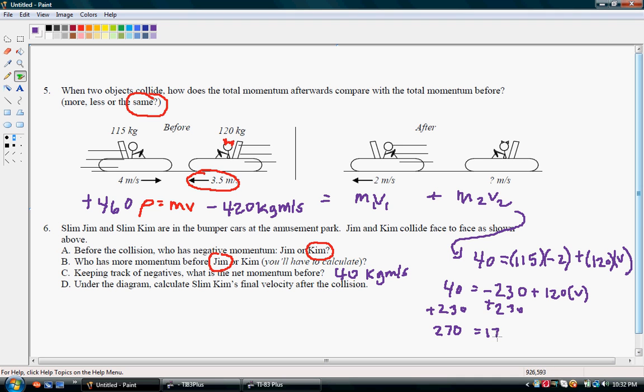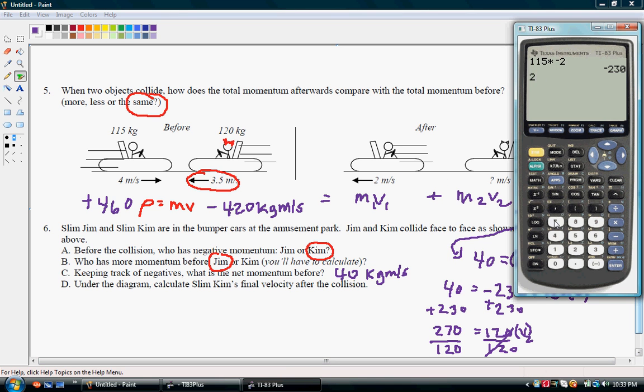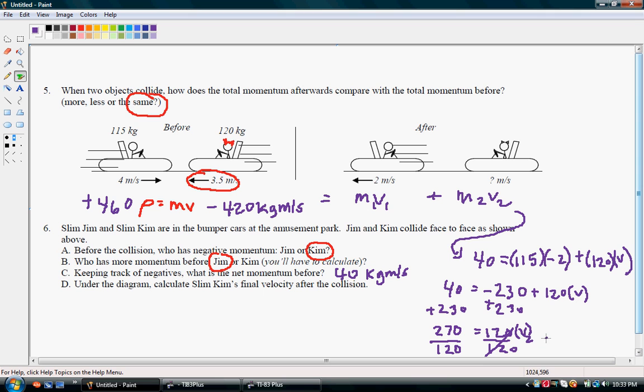And we still have 120 times the velocity of Kim, so V2, on the right. So we divide both sides by 120. This side cancels out. 270 divided by 120 is equal to 2.25 meters per second. So what is Slim Kim's final velocity? It's 2.25 meters per second.